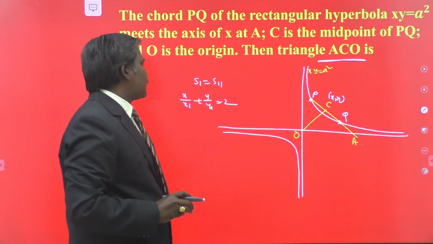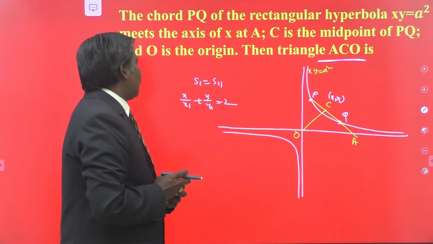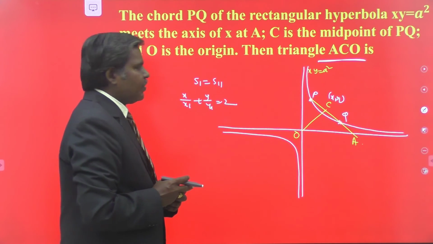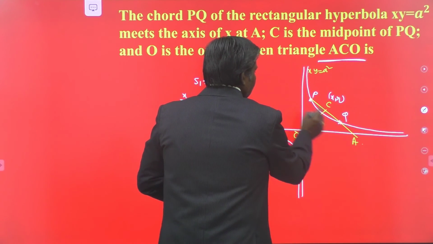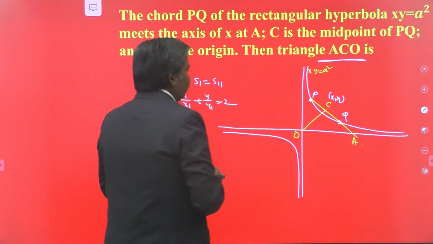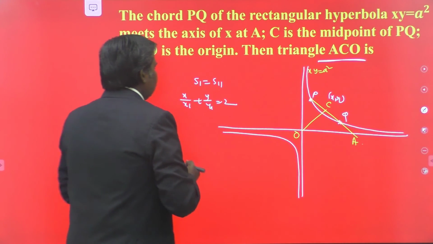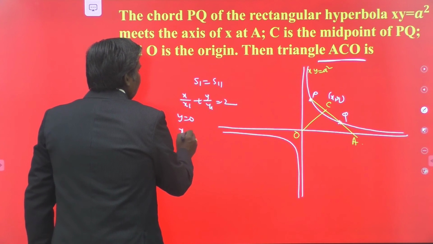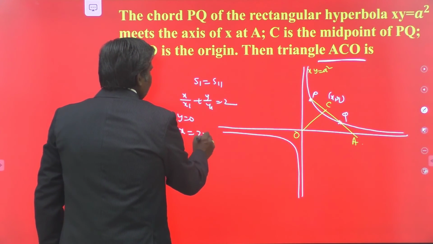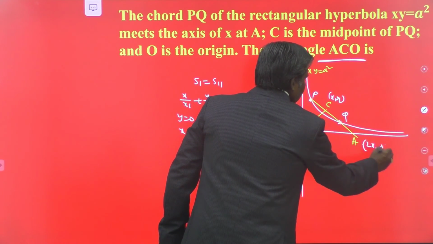This is the equation of the chord with midpoint x1 comma y1. So it meets the x-axis; we put y equals 0. Put y equal to 0, we get x equals 2x1. This is the point 2x1 comma 0.